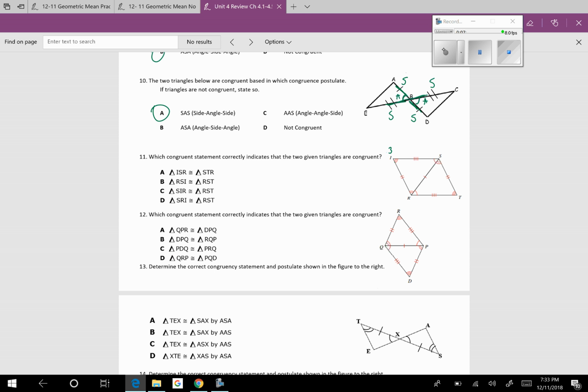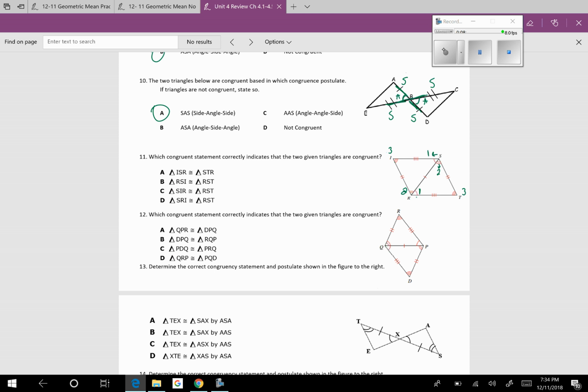Okay, angle T over here has 3. So I goes with T. All right, on this one, angle R has 2. Okay, and on this one, angle S has 1. Okay, on this side, angle R has 1. And on this side, angle S has 2.